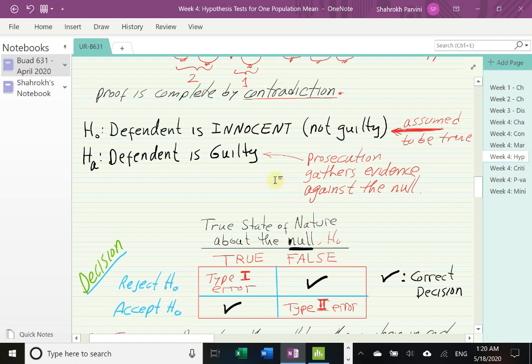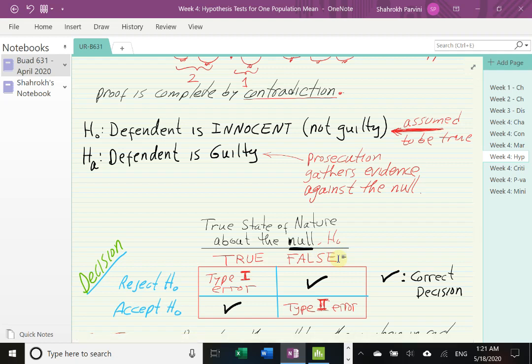So going back to our courtroom example, the true state of nature about the defendant, true means the person that's sitting there is truly, truly innocent. Or the other side of that coin, the person that's sitting there is truly guilty, although the system calls him innocent, or her. But in actuality, that person is guilty.